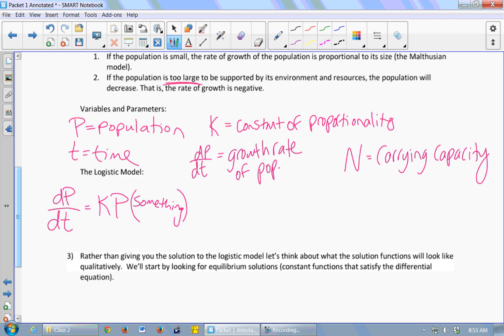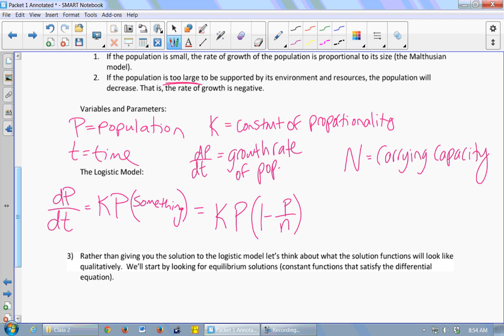Yeah. 1 minus p over n. Let's see if that fits. k, p, 1 minus p over n. Okay, so if p is very small, then p over n is going to be some small value, something close to 0, which means that this quantity in parentheses will be close to 1. If p is bigger than n, then that fraction is going to be what?